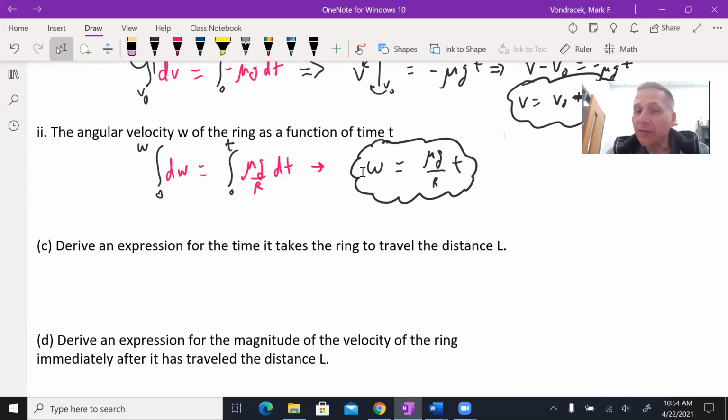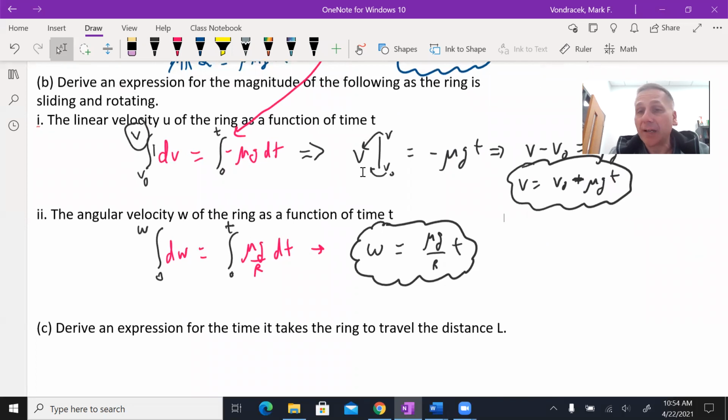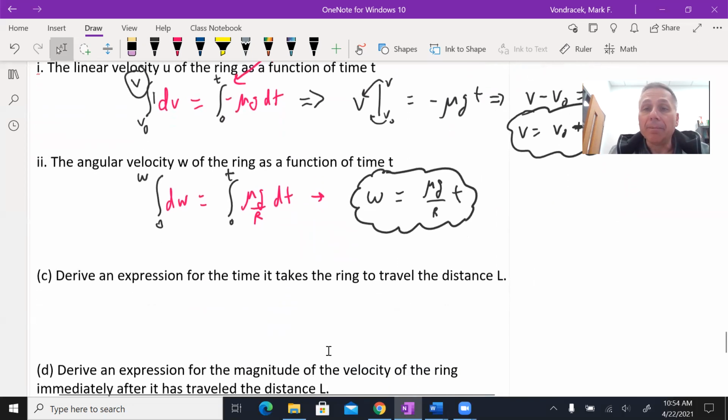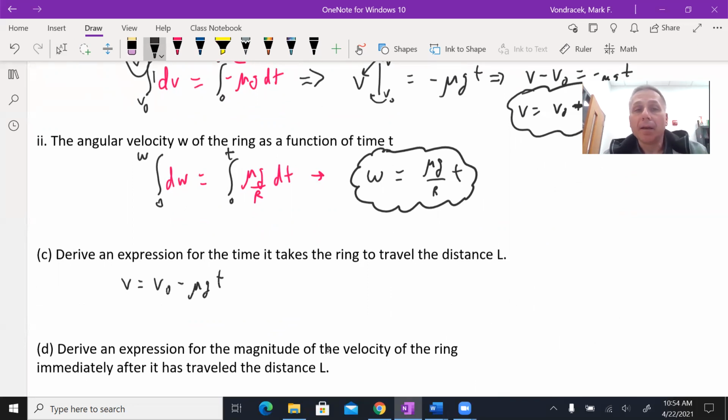Well, since we're trying to solve for time, maybe this velocity expression that we're talking about is going to help us. I'll just go ahead and write that down here. Now, when you travel this distance L and you get to the point where there's rolling without slipping, what does rolling without slipping mean for us?